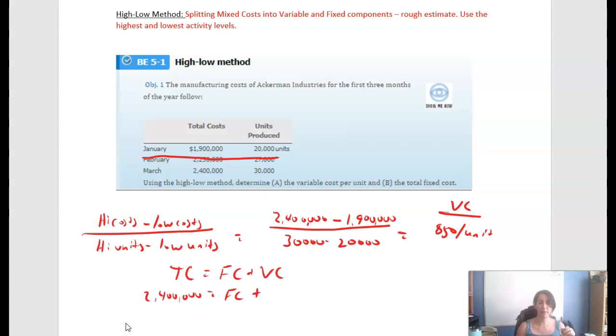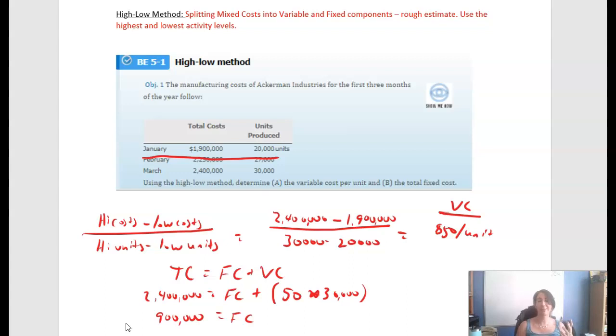That's what I'm trying to figure out. My variable cost, I know, is $50 per unit, times how many units? Well, that was 30,000. If we multiply this, you're at 1,500,000. We do the little subtraction here, and we wind up with our fixed costs being 900,000.